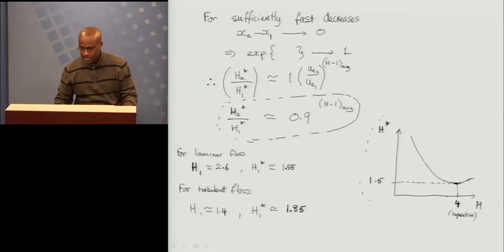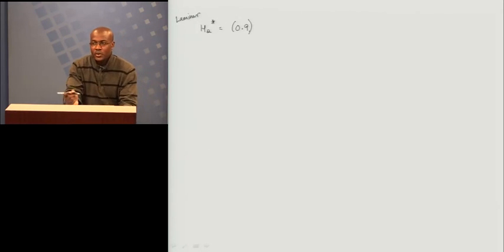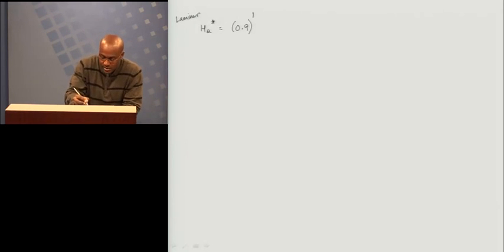So let's do that. For the laminar case, H2 star would be 0.9 times, and that's H minus 1, so that's 2.6 minus 1, so that's 1.6, times H1 star, so that's 0.84 times H1 star.